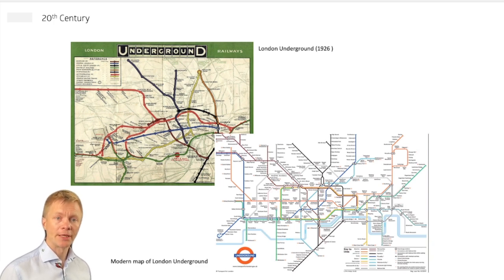At the beginning of the 20th century, the map was mainly bound to physical locations. But over time, it became what we know today, which focuses on how to navigate the underground and not on where the stations are actually located.